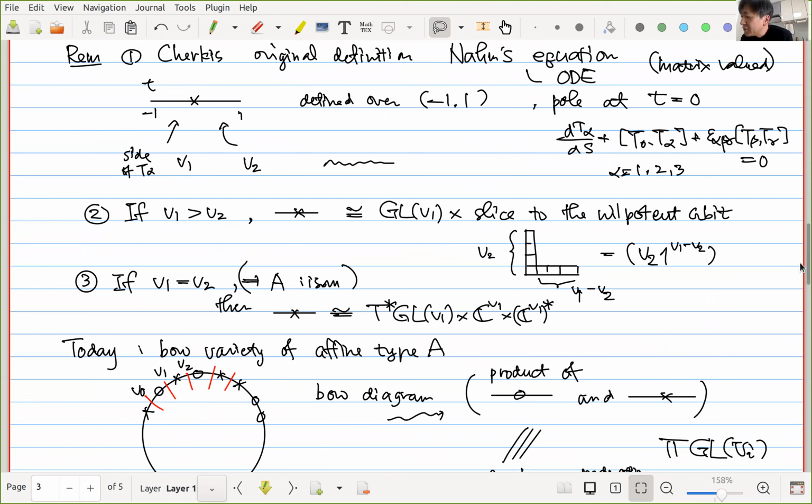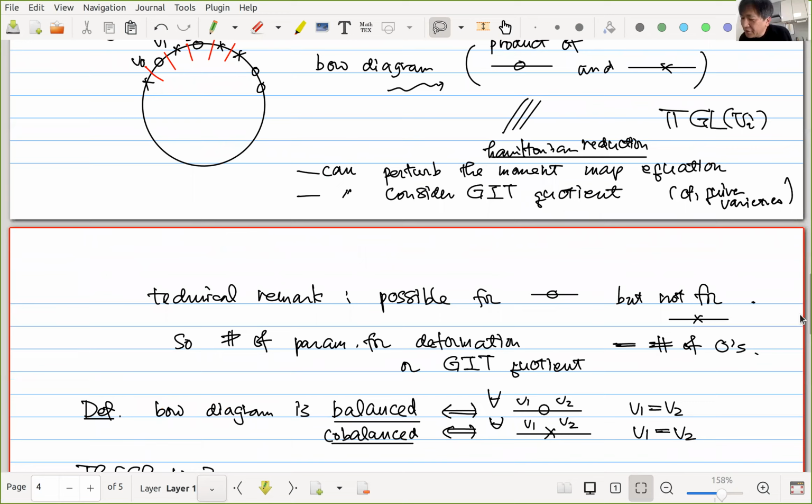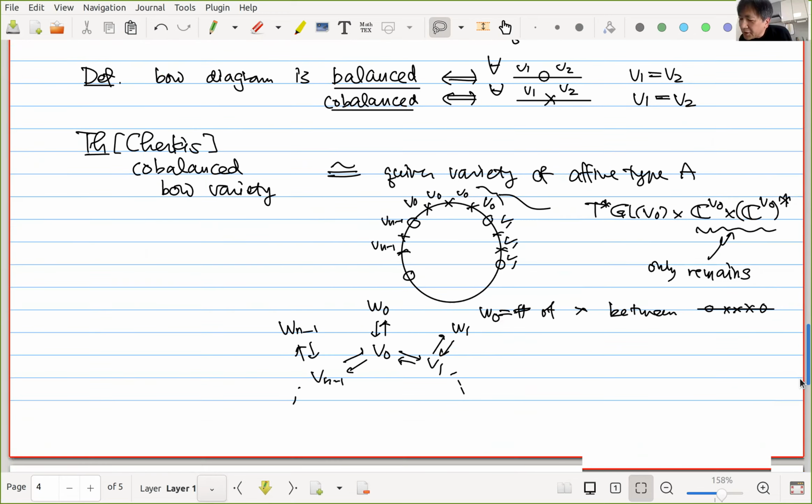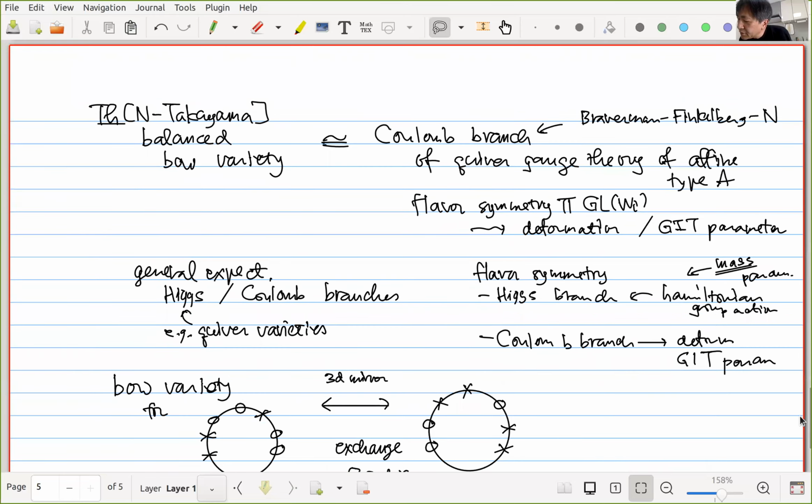Why they are dual to each other is not so clear to me, but by experience, we can see many phenomena for which you can see the duality.